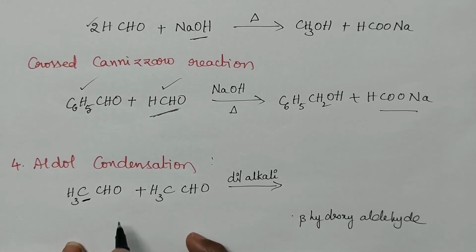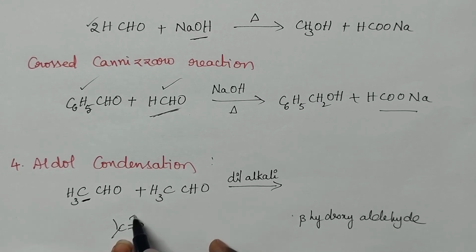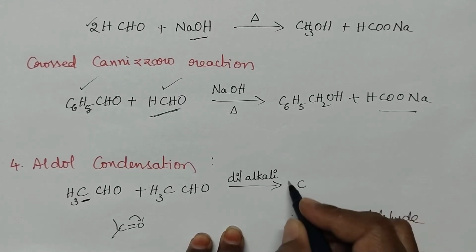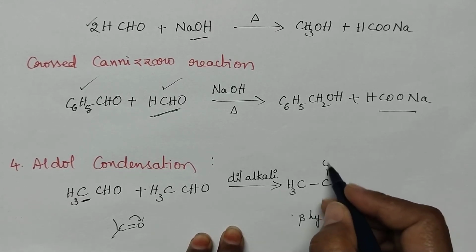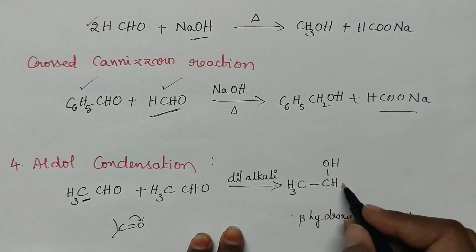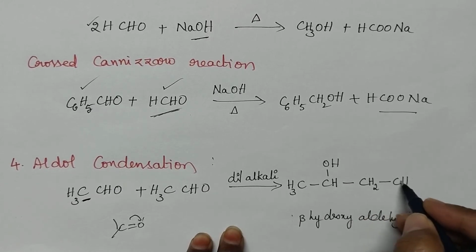Just condensation takes place. So here what happens? Carbonyl group will be present. So just condensation reaction takes place. Then what happens? It results in the formation of CH3, CHOH, CH2, CHO.